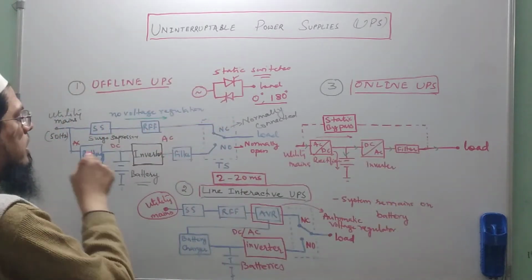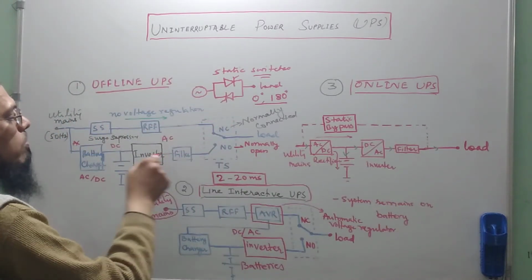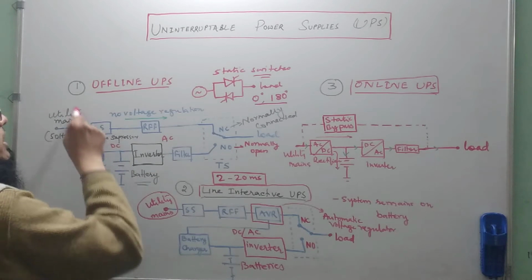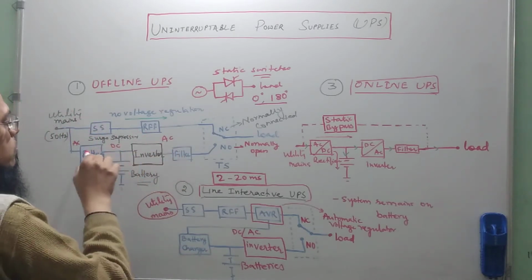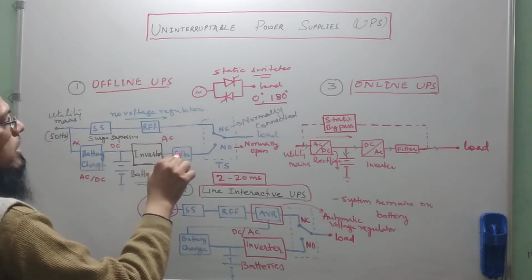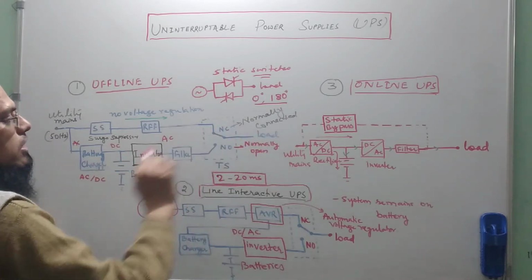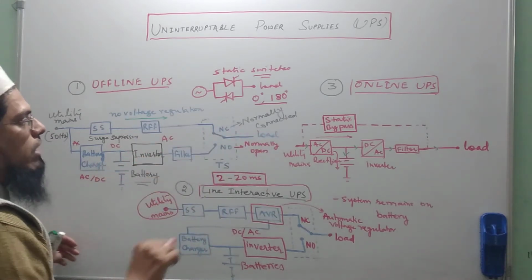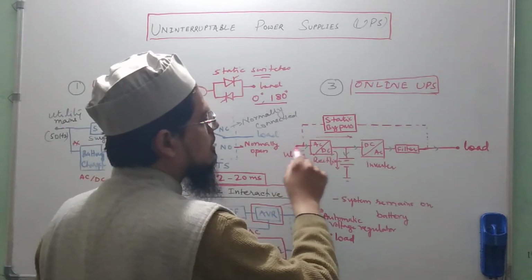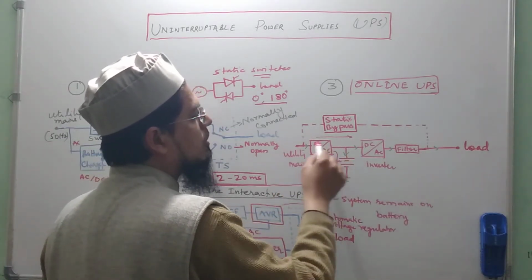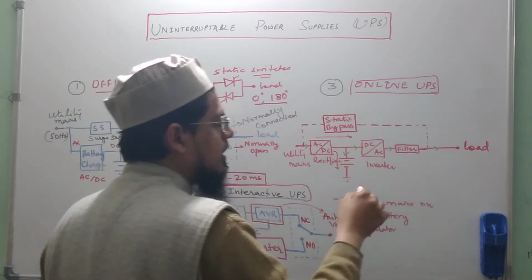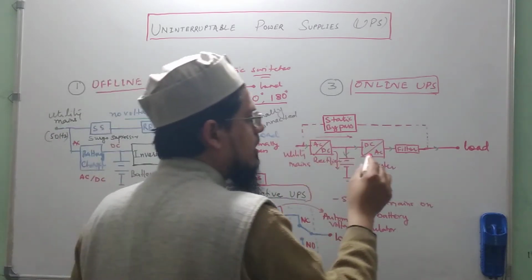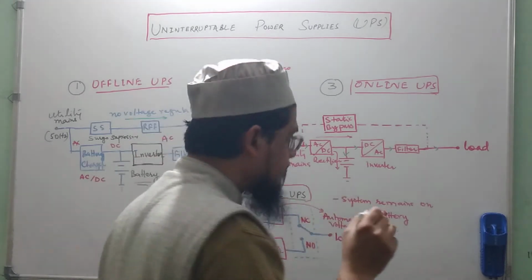You could see here, this other line is in operation when the utility main does not supply power. That means the battery, inverter and filter feed the load, while here the utility main is always connected to the load by way of this rectifier and the inverter. And the inverter is suitably controlled.